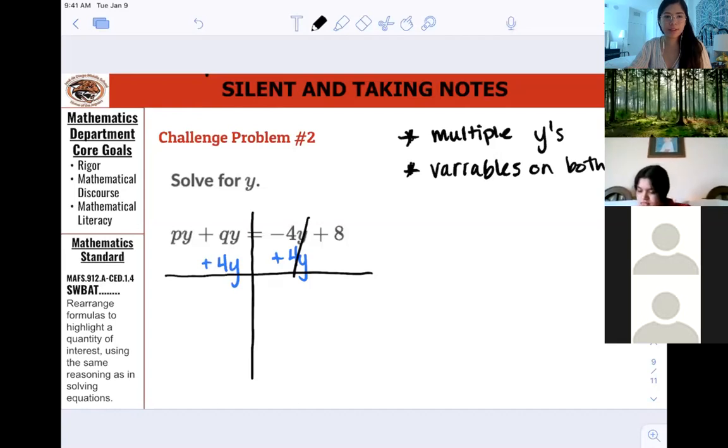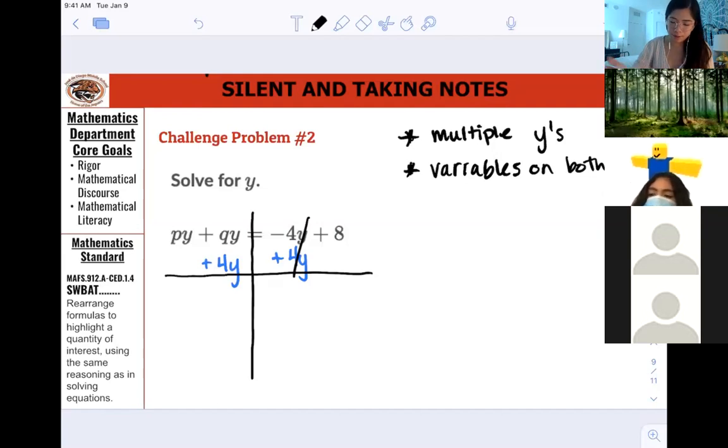I see PY, QY on the left side. Right, and there aren't. So you can't combine it with anything because there's nothing to add it to. So I'm going to keep everything separate. So this is PY plus QY plus 4Y, all separate, equals 8.